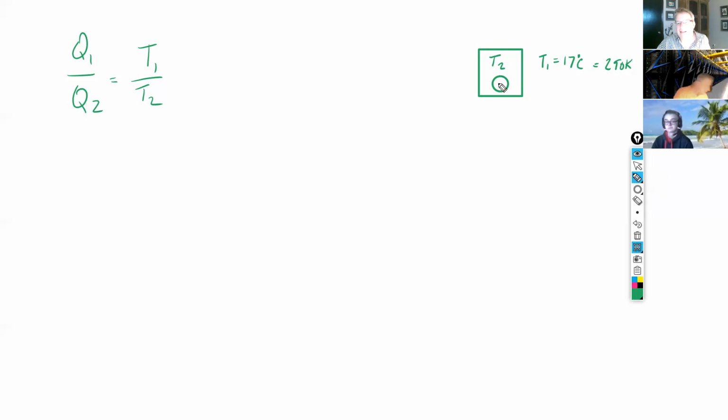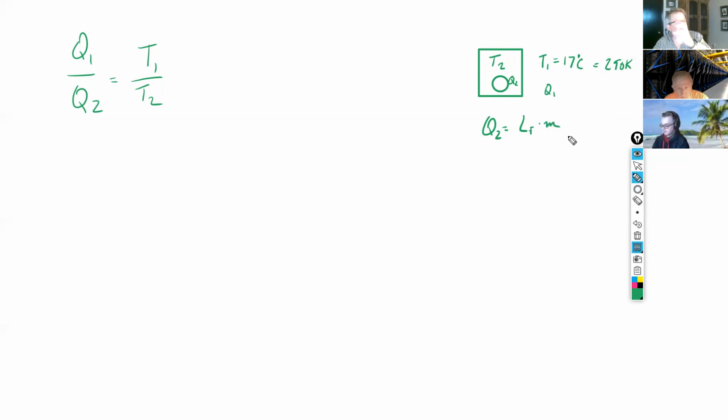We are extracting heat, which is Q2, and we're putting it into Q1. So Q2 is the amount of heat that we need, which is what we calculated before. It's L times the mass.